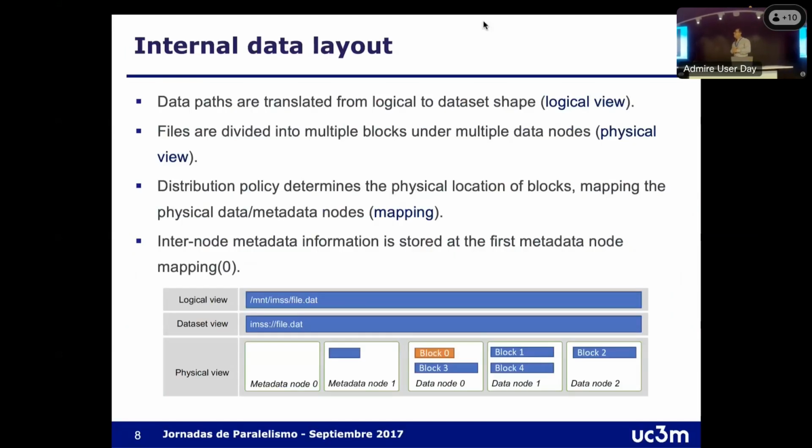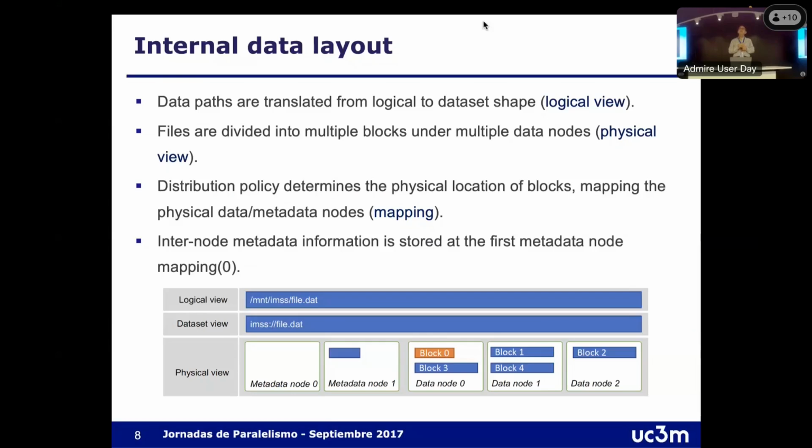The internal layout of the data is organized in the way of a data set. As I said, internally, we don't work with files or similar things. We call everything a data set. So basically, the full storage is a full data set, and inside that data set, we may have another data set. So at the end, when we deploy Hercules, we have a large data set, what we call the storage.